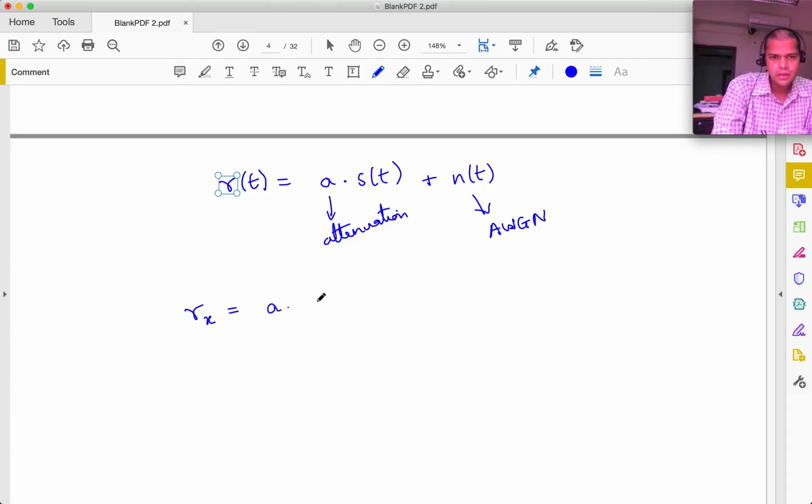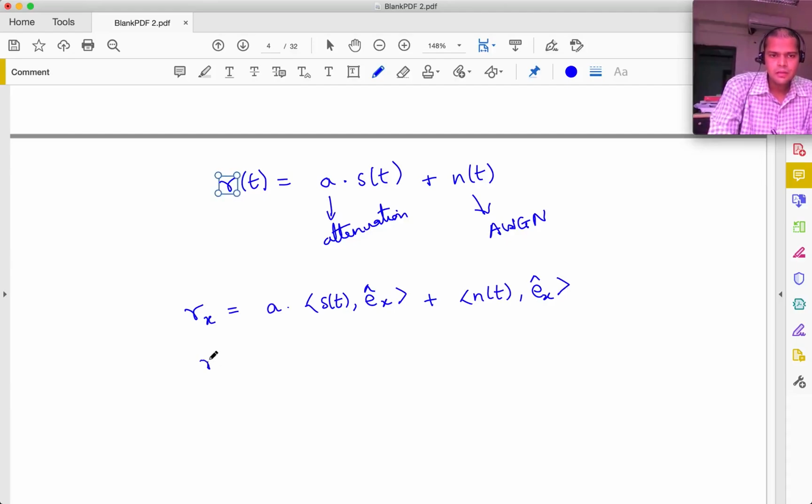It's just going to be A times the dot product of the transmitted signal with the unit vector in the x direction, plus the dot product of the noise with the unit vector.